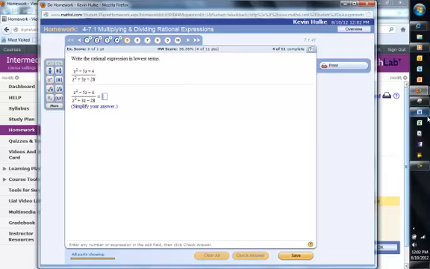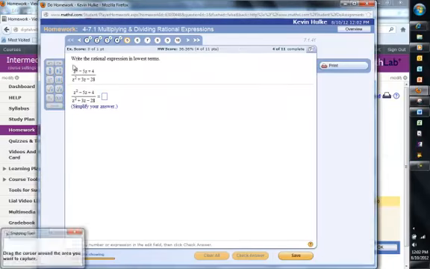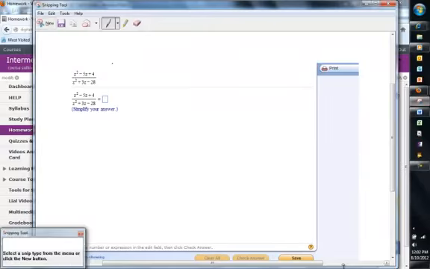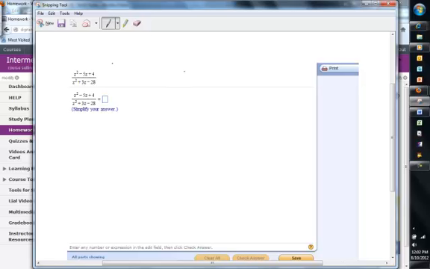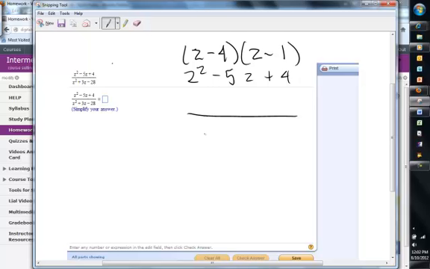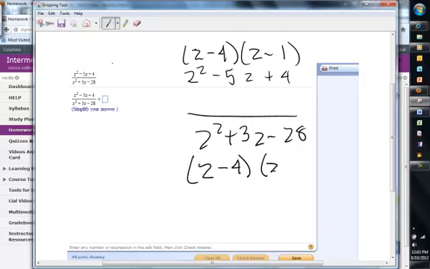Number 5, another factoring problem. This is why factoring is so important when you get to this chapter. Let's factor the numerator up here. Z squared minus 5z plus 4 factors into z minus 4, z minus 1. The denominator, z squared plus 3z minus 28, factors into z minus 4, z plus 7.